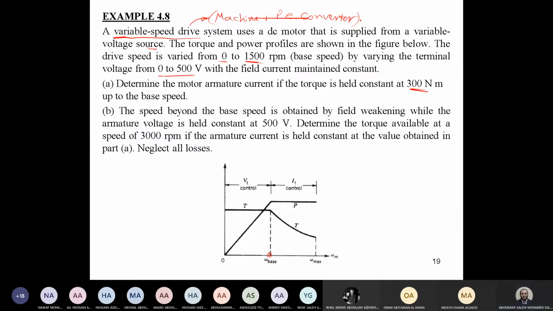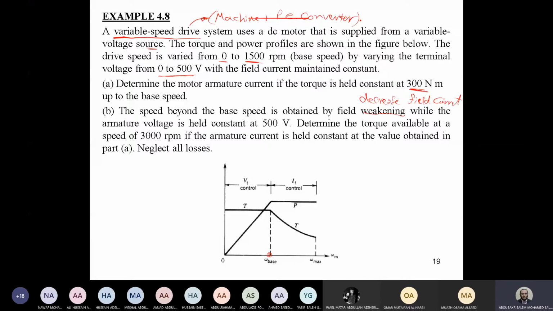Number B, the speed beyond the base speed, which means when the speed is higher than omega base, is obtained by field weakening. Field weakening, we discussed this before. The meaning of field weakening means we are going to decrease field current.